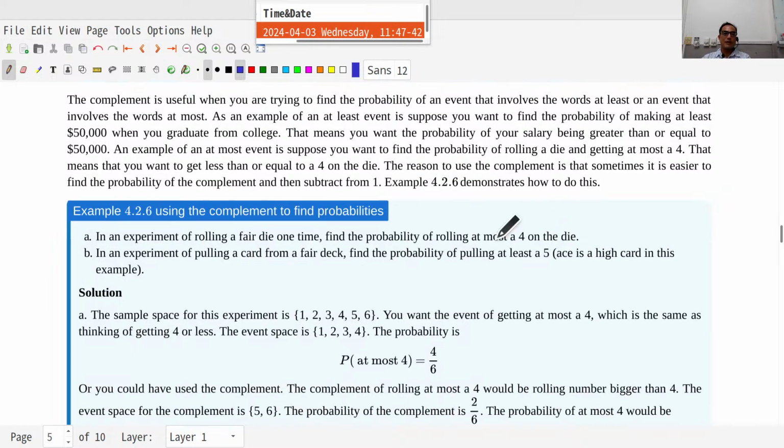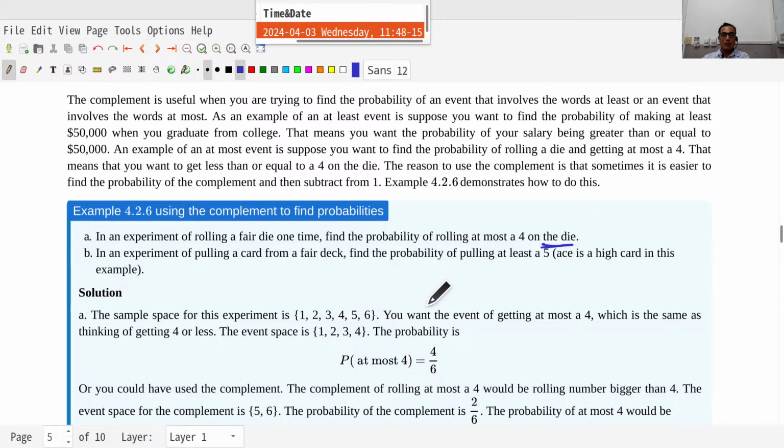Okay, let's look at example 4.2.6. Using the complement to find probability: in an experiment of rolling a fair die one time, find the probability of rolling at most 4 on the die. The sample space of this experiment is 1, 2, 3, 4, 5, 6. There are 6 possible situations.